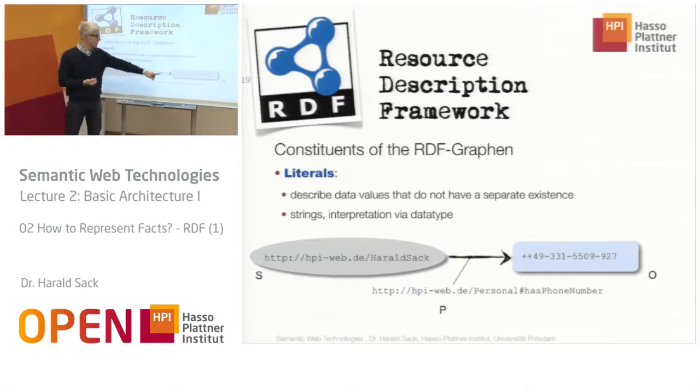Then this is a literal. It is not a separate existence. It's only a property of myself. And then I can say, I am this subject with this URI. I have the phone number, here again the URI for the phone number, and then I can state this is the phone number I am referring to. And this, in this case, is a literal. And a literal can be various data types, and usually it's a simple string.